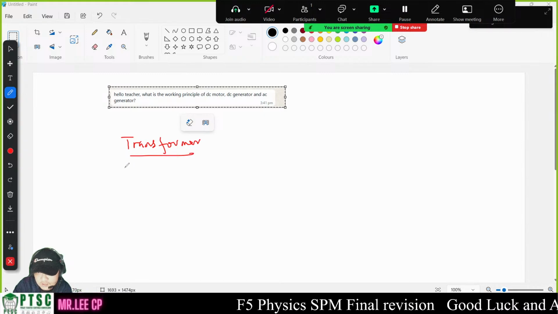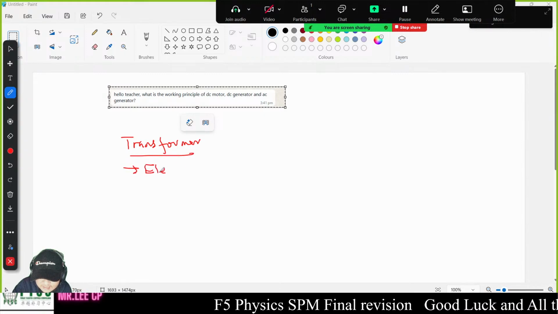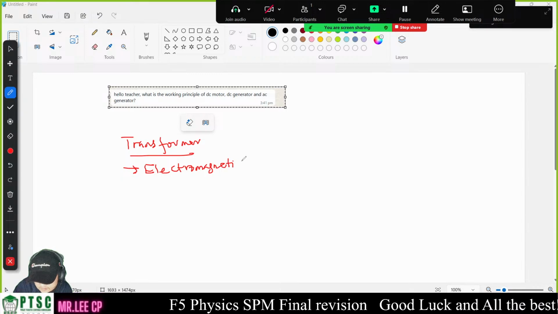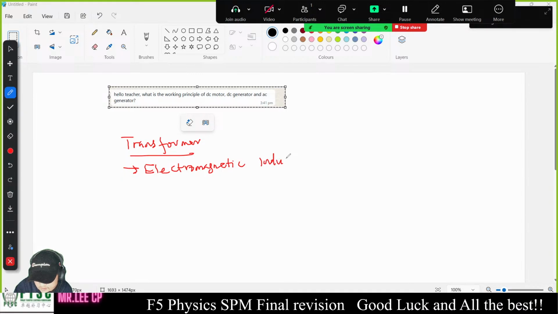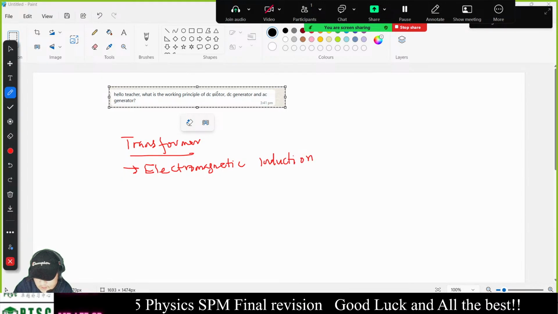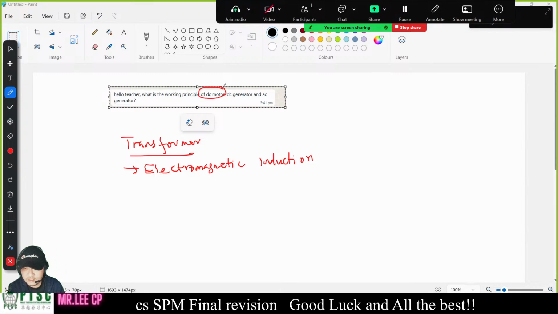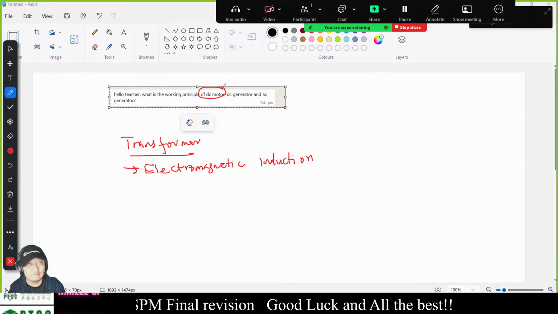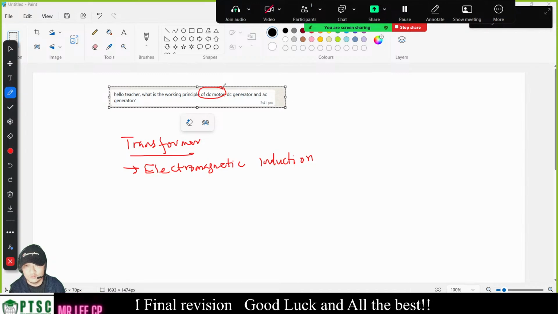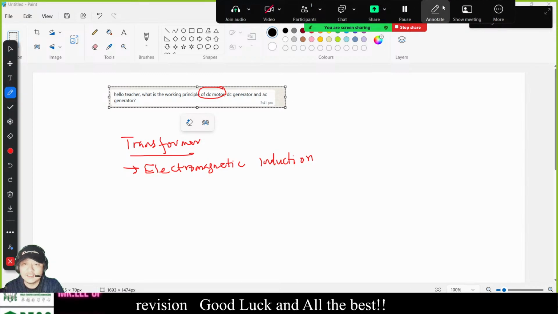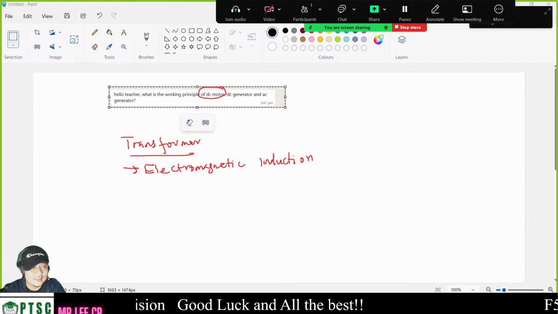The working principle is electromagnetic induction. For a DC motor, you use current and then you turn the motor. What working principle? Why not I ask? Wait, give me 1 minute.